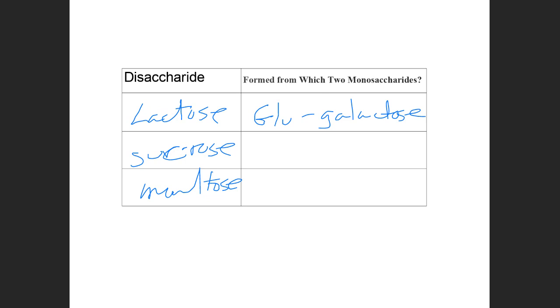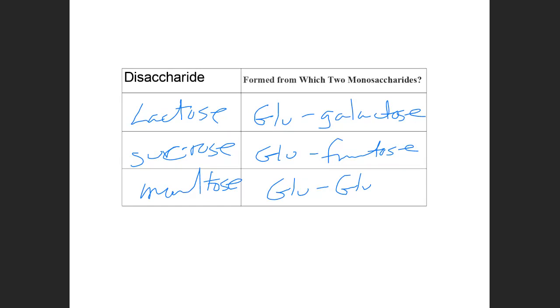Is it glucose and fructose? Yep, and fructose. And maltose? Two glucose. Maltose is two glucose. Yep, two glucoses. So the three monosaccharides are glucose, fructose, and galactose.